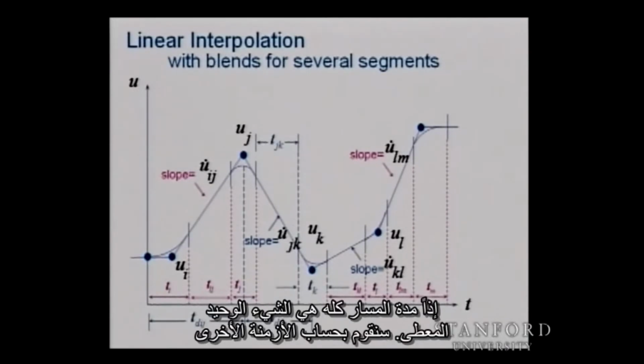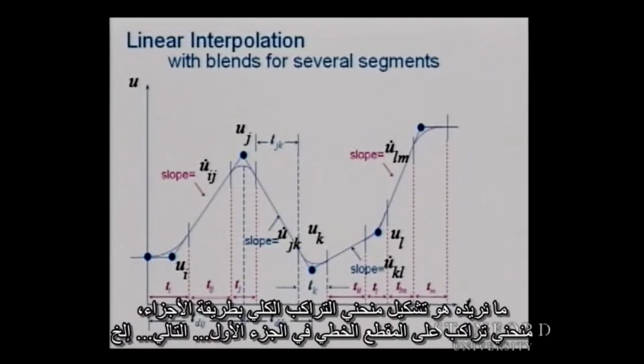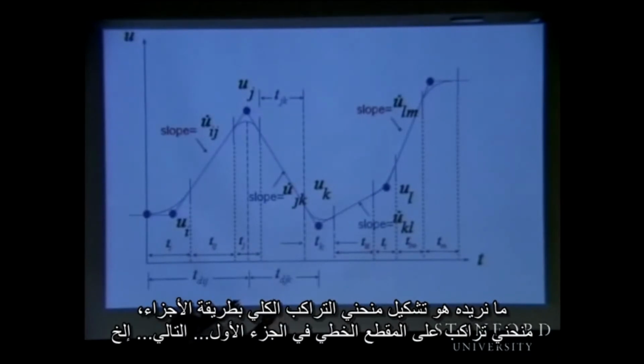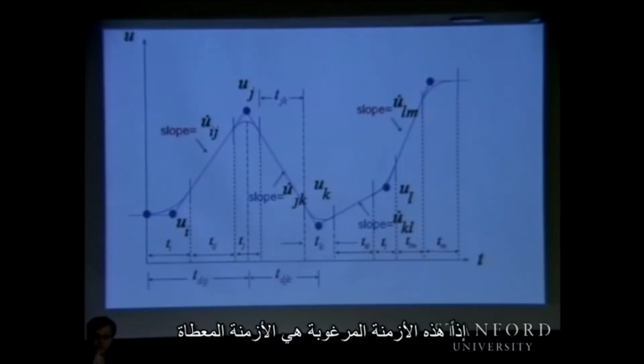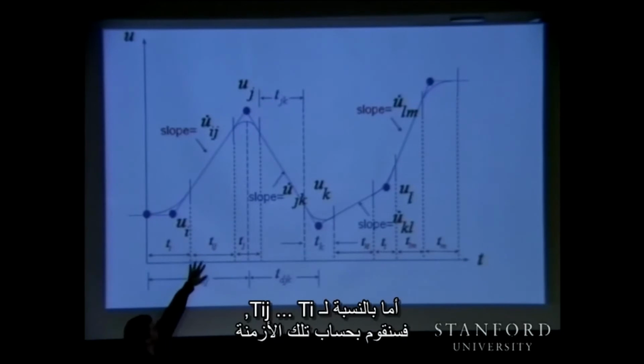So this is the only thing that is given. We'll calculate all the others. We just want to have this linear section with the blend for the entire portion, for the next portion, etc. So those t desired ij, t desired jk, etc. are the things that are given. The t sub i's, the t sub ij's, etc. we will compute. Okay? Yeah.